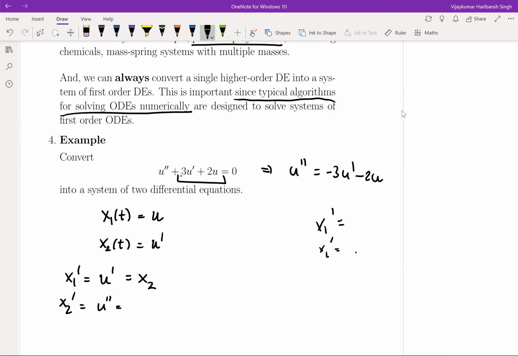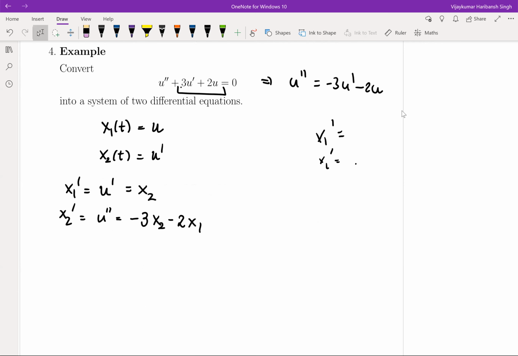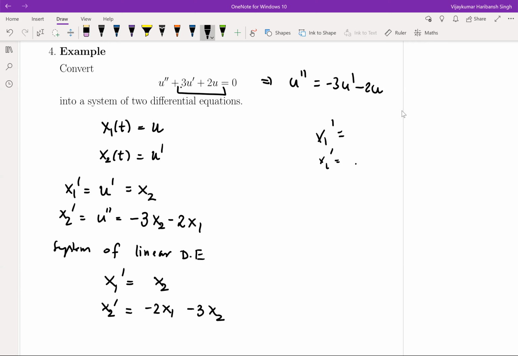So this is going to be minus 3u prime, which is my x2, minus 2u, which is x1. So we get the system of linear differential equations: x1 prime equals x2 and x2 prime equals minus 2x1 minus 3x2. So this is how you get a system of differential equations.